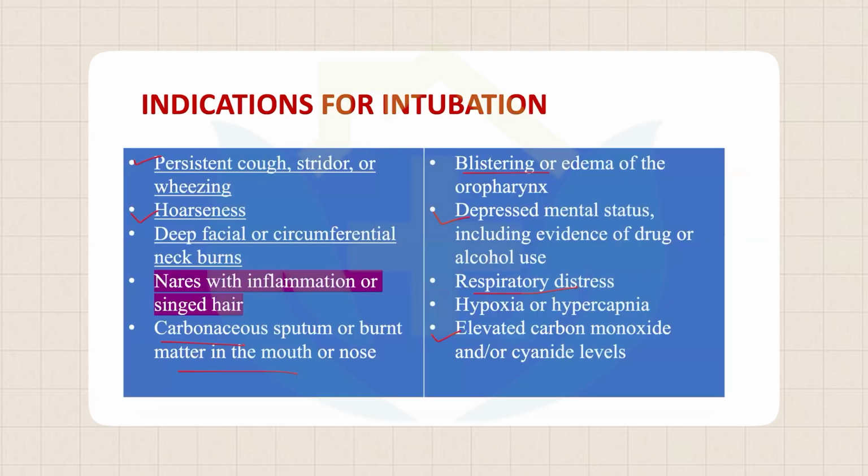If the patient's nares or nose are red and there are soot materials, blackish carbonaceous materials, on the nares, there is singeing of the nasal hairs, the mouth is also blackish, the patient is having hoarseness of voice, this means that the patient is having an airway burn. In this case, we can go forward and do 2 to 3 things. I'll discuss this later. But these are the signs which indicate the patient is having a possible inhalation injury.